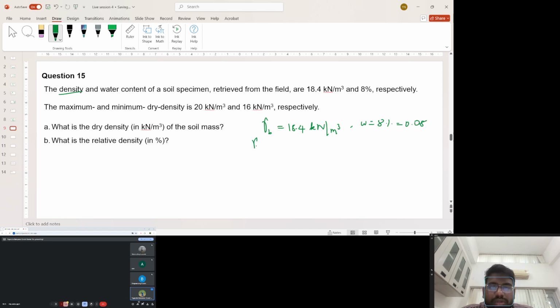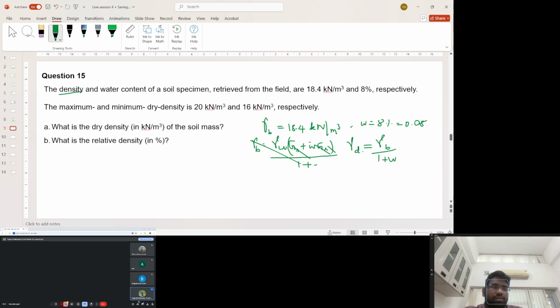Now if you write the relationship, gamma bulk is equal to gamma_w (G_s plus wG_s) by 1 plus e. So gamma_d can be written as gamma bulk by 1 plus water content, right?